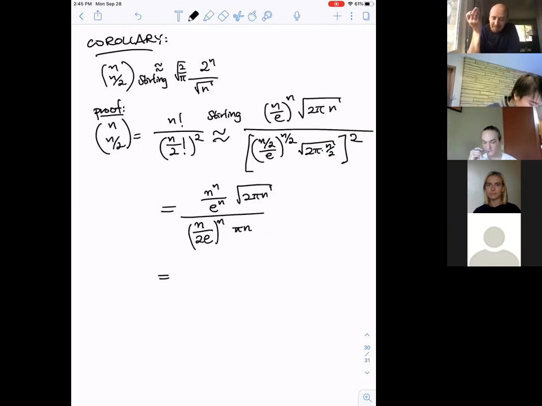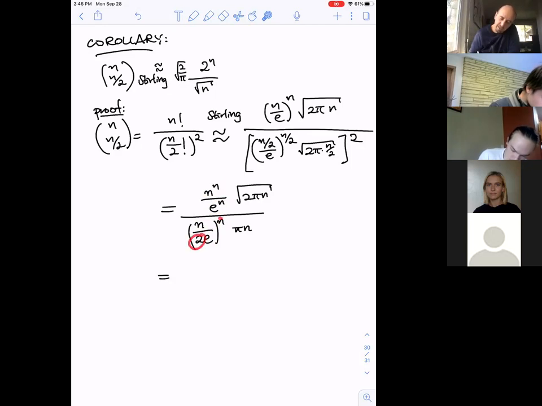Okay. Now let's try to get rid of some things. I see an n to the n here and here, so those go away. I see an e to the n and an e to the n. They go away there. Am I getting this right? Oh yeah, and then there's a 2 to the n.